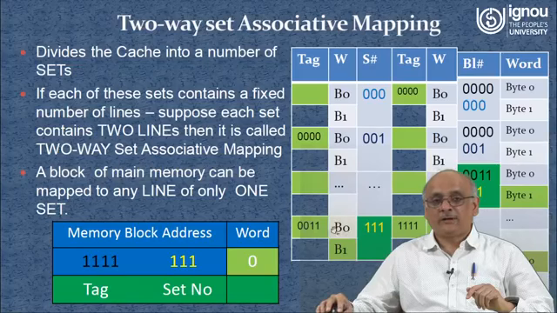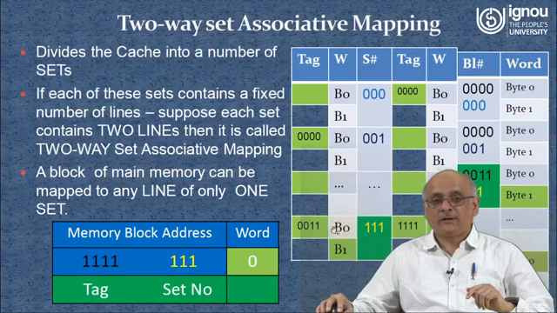You can see the set number for both these locations is the same, and since we are allowing 2 lines in the same set, both can reside. So there is no collision if we are referring to both the locations simultaneously.